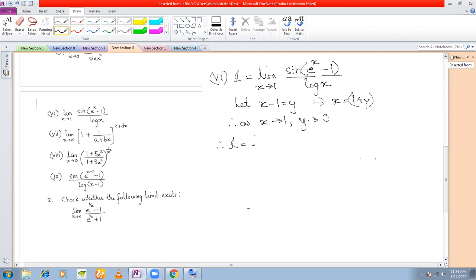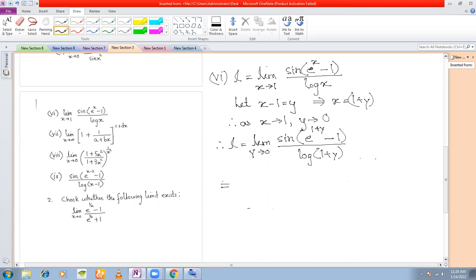Therefore, the limit here is limit y tends to 0 sine e to the power of x, which is 1 plus y. So we write this as 1 plus y minus 1 divided by log x, which is 1 plus y.